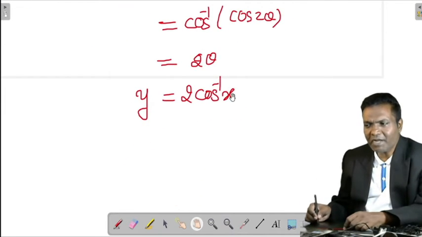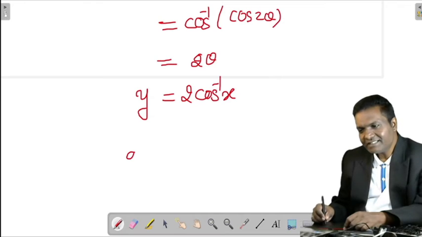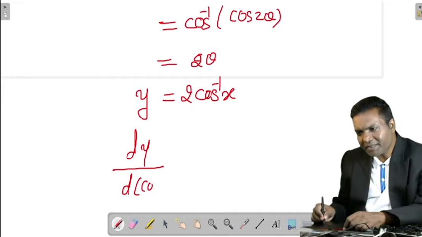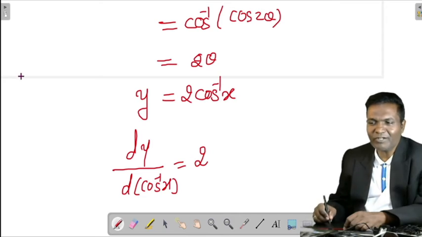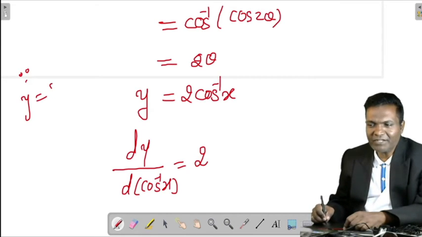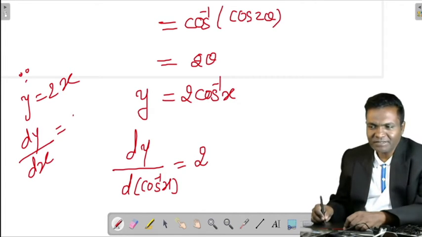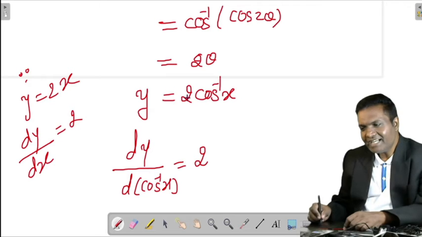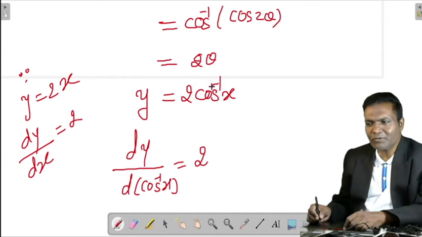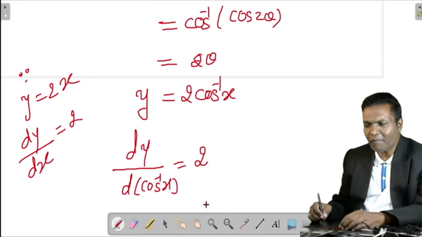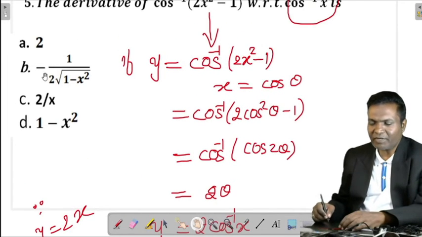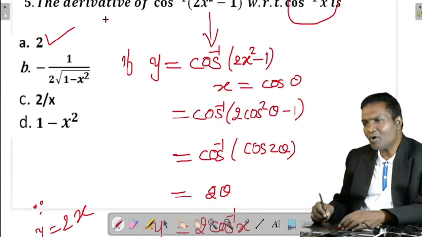So derivative of y with respect to cos inverse x is 2, because we know that if y equals 2x, then derivative of y with respect to x is 2 only. So similarly, derivative of this with respect to cos inverse x is 2 only. So option is the first one. This is your correct option. So let's move on to next.